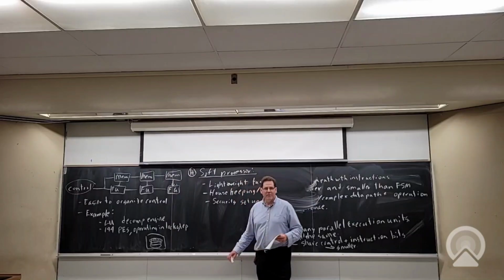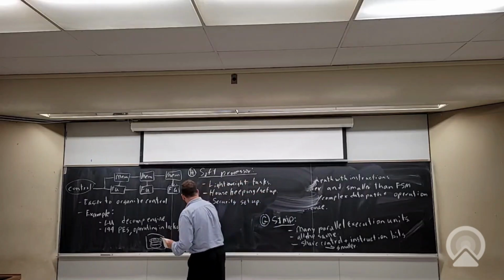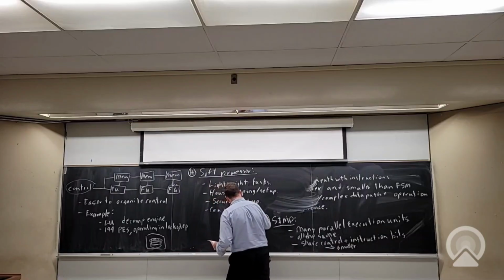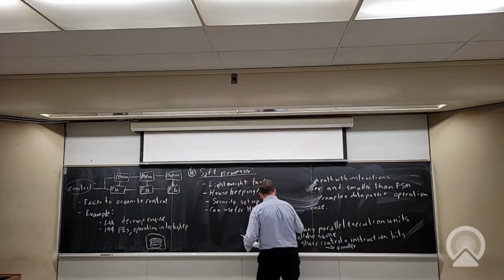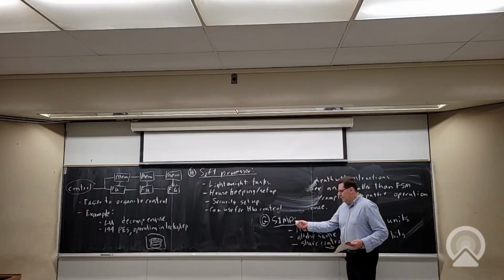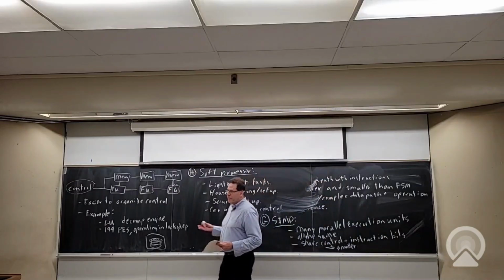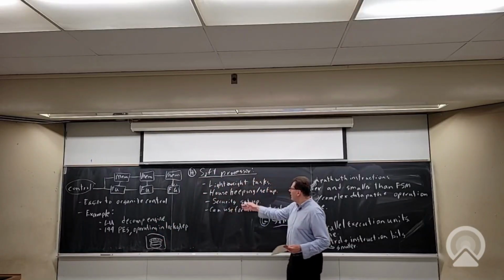Any other ideas? One of the other things you can use it for is hardware control. If we build a big data path using SIMD, or we built a data path and were thinking of controlling it with a finite state machine, but the finite state machine is getting really complicated, we could control it instead with a soft processor.